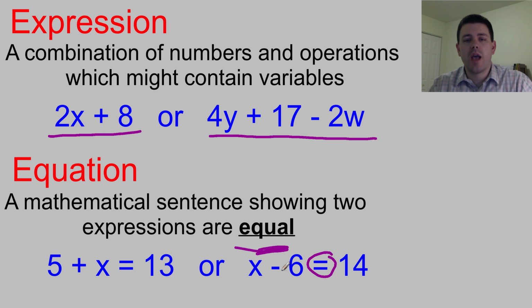Or we have x minus 6 is equal to 14. So some number, we're not sure what it is, minus 6 gives us an answer of 14. That's something that we could work backwards and find our answer. So the main difference between an expression and an equation is that equal sign. We know what it's equal to, which means we can go back and find an answer.